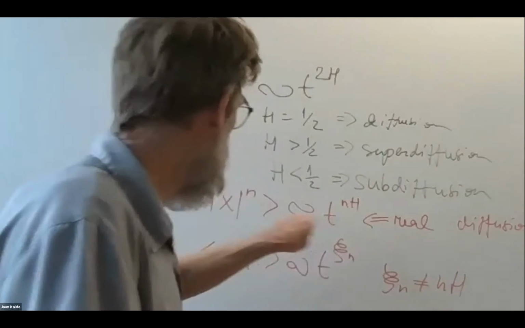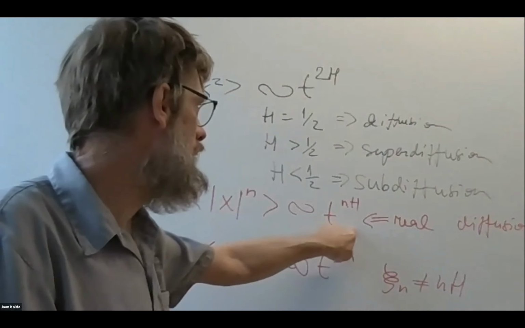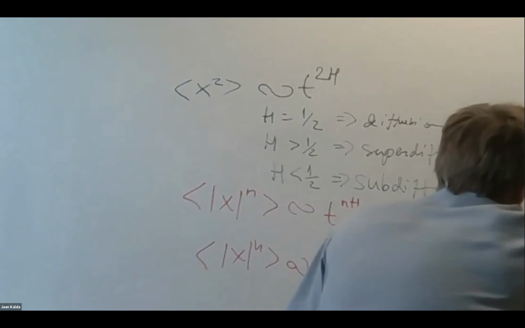If you have real diffusion, then the modulus of x to the power of n goes as t to the power of nh. Well, of course, this corresponds to h equal 1/2.